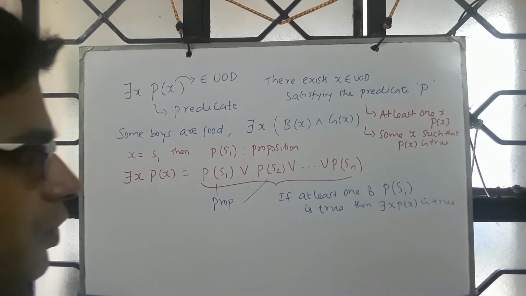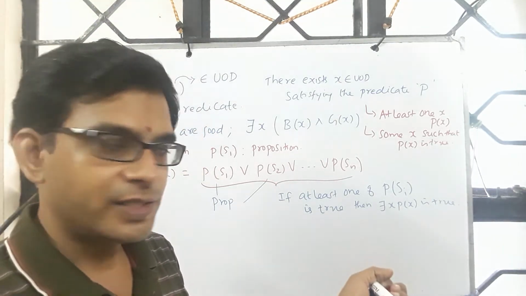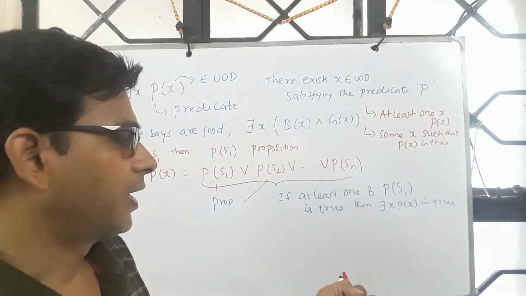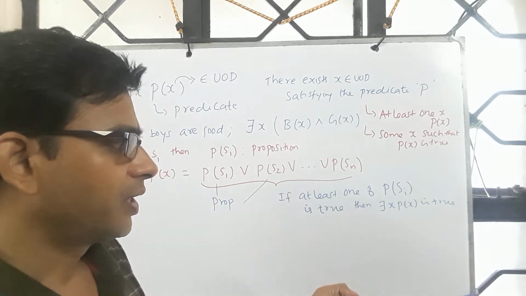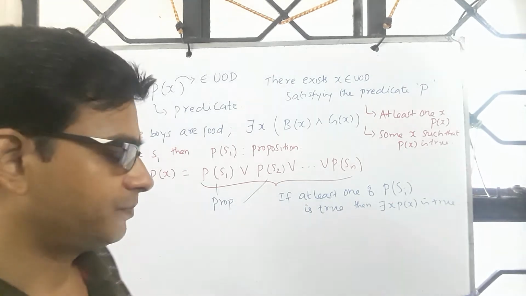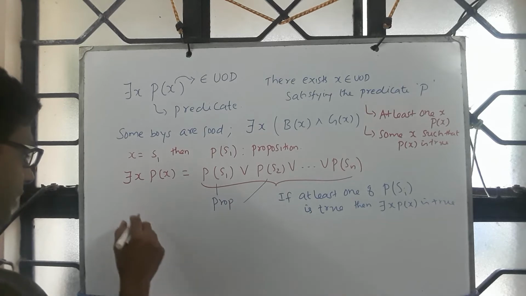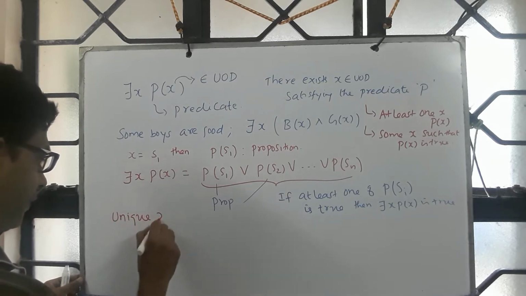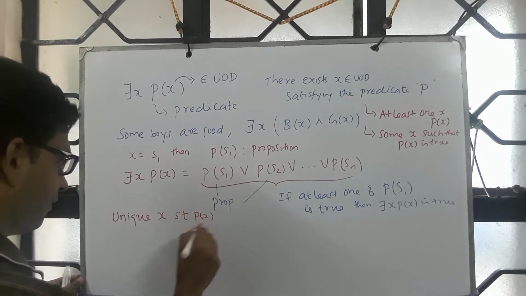Fine. So now we will see how to move from the existential quantifier to the universal quantifier, and how we express other statements like at least 2, at most 2, and such things. We also have a notation to express unique x such that p of x.